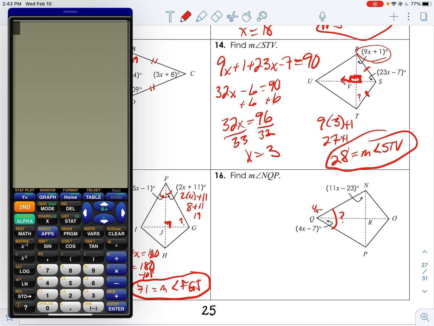We do know a piece of it. And we actually know that 4x minus 7 is what that one is as well. And we know that one's 90. So we know that 4x minus 7 plus 11x minus 23 equals 90. 15x minus 30 equals 90.